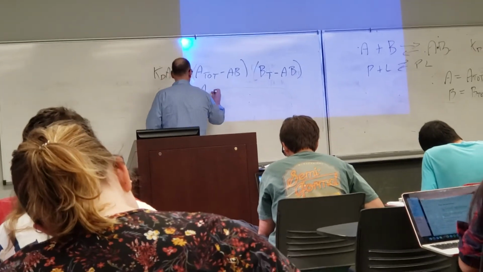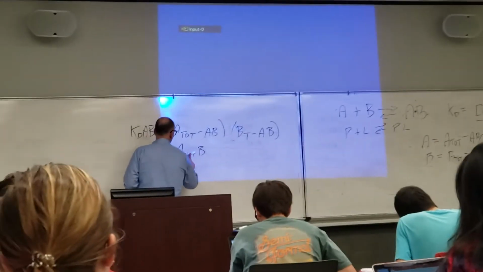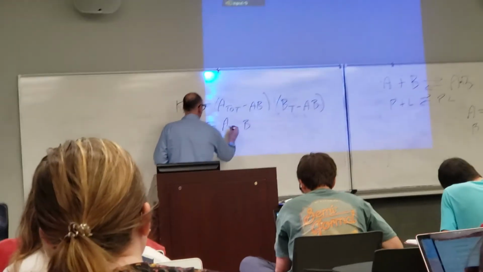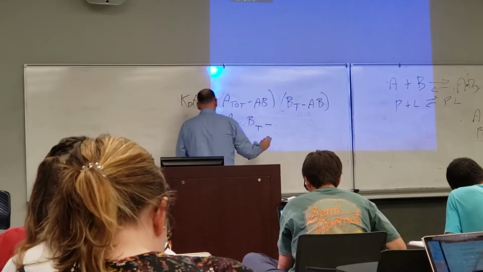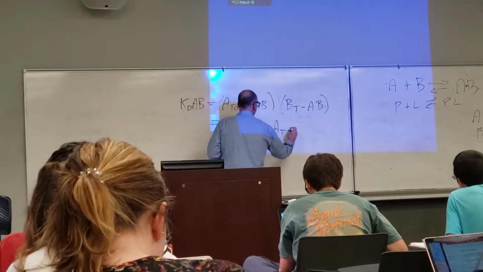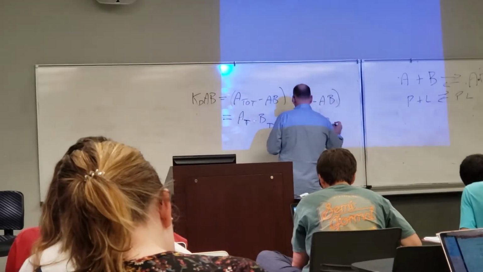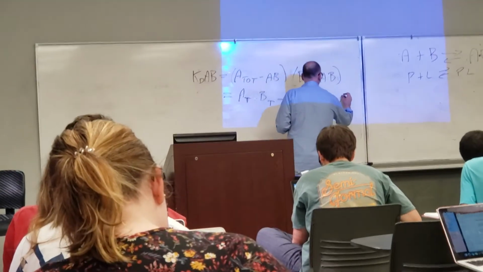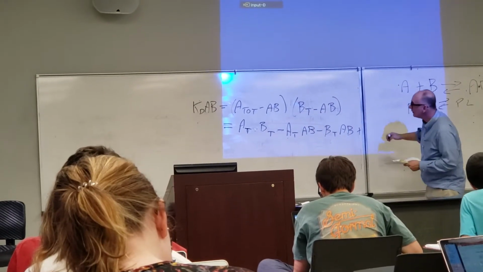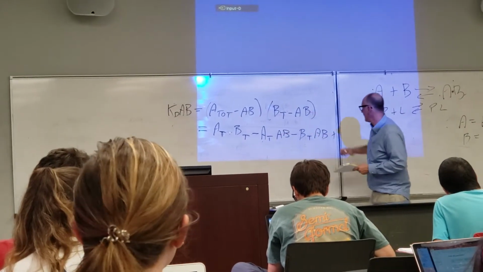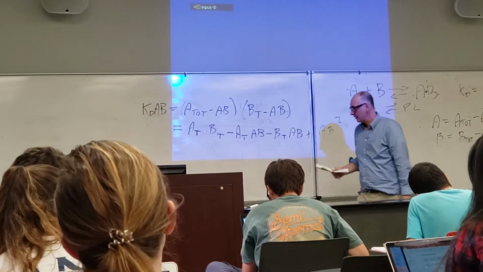What I'll get is A by B, T is total, ATBT, minus AT AB, minus BT AB, plus last, AB times AB, AB squared.